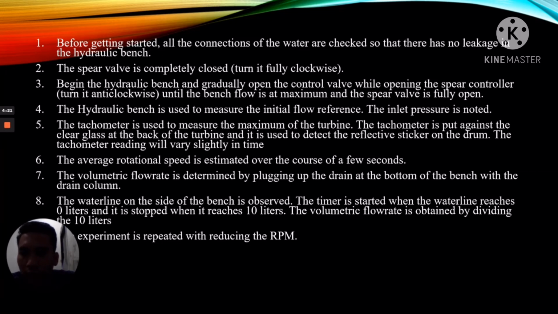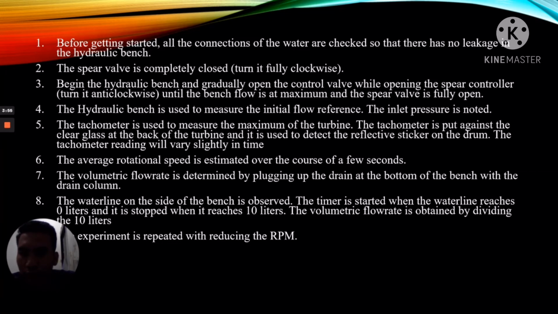The first step is we need to make sure the water connections are checked so that there is no leakage in the hydraulic bench. Next, the spill valve is completely closed, or turned fully clockwise.